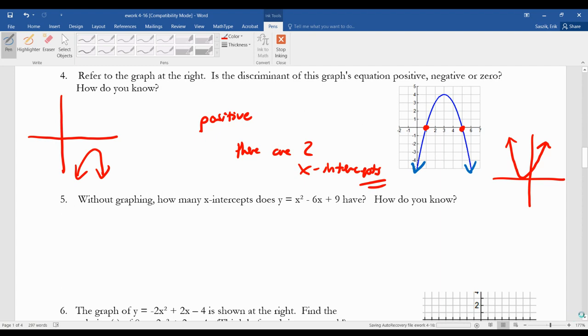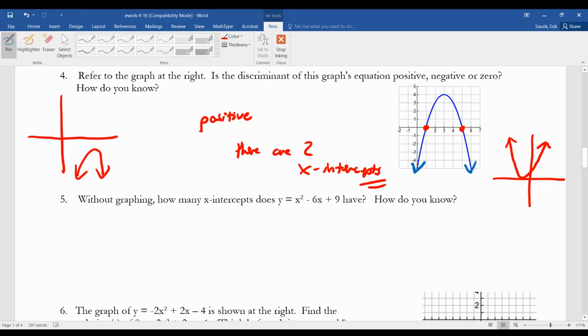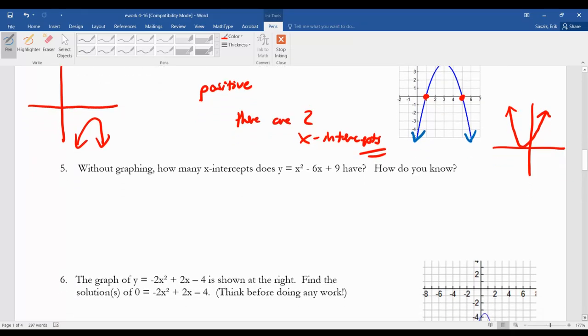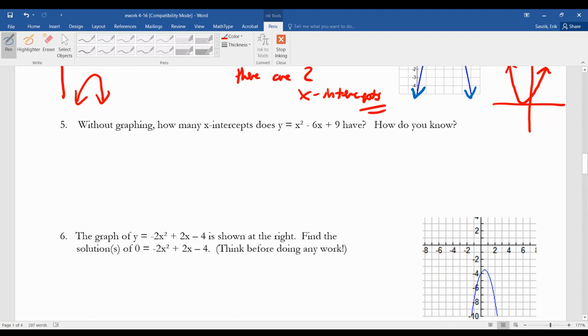Okay. Now here, number 5, we're asked, without graphing, how many x-intercepts does this equation have? You don't actually have to solve the whole thing. Now remember, the x-intercept means y is 0, so we change that out to 0.